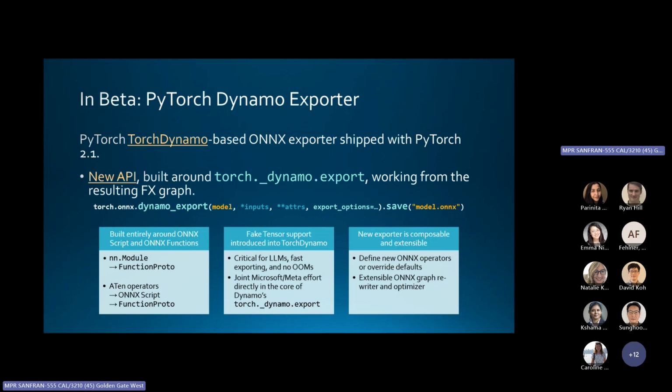The next big thing is the new PyTorch Dynamo export, which will give us better fidelity, run quicker and take less memory. Right now it's in beta and is going to come up very soon.